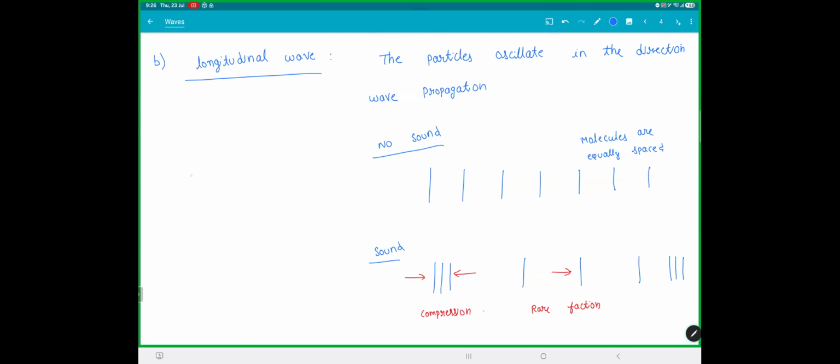So if the wave is going in this direction, the particles are also oscillating in the same direction. They're just going front and back about that point.